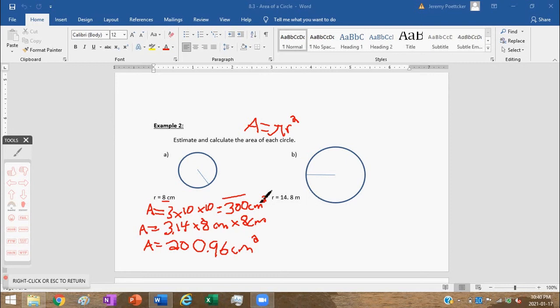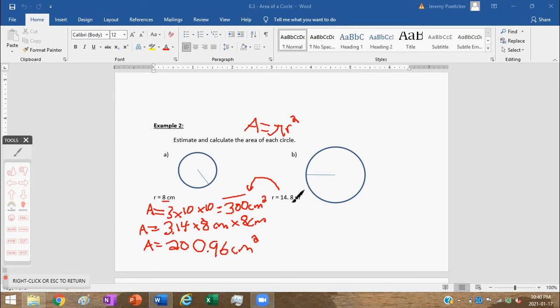All right, so here we go. Radius is equal to 14.8. So now I could round this down. It's close to 10. Right? I could use this same, except it's going to be meters squared instead of centimeters squared if I rounded it down.